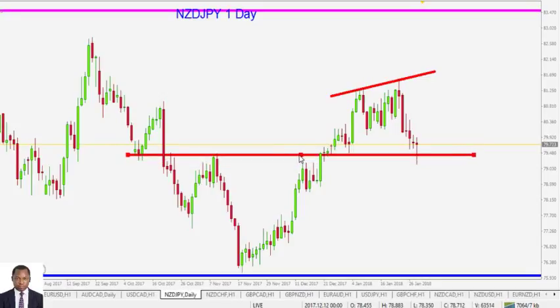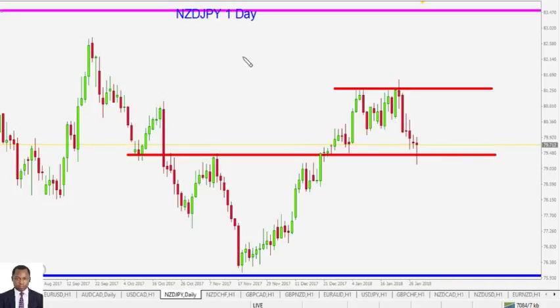This previous level, we got price respecting that level there as support, here as resistance, currently as support. So this is a key level that has been acting both as support and resistance. This one we can just keep as an area. It will be simple enough. Okay, let's keep this one as an area.